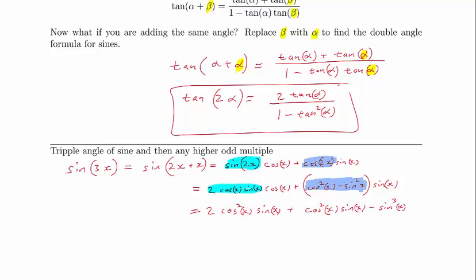And this further simplifies to 3 times cosine squared x times sine x minus sine cubed x.